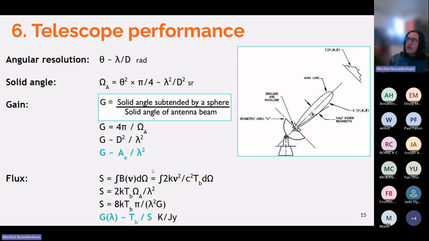So, in other words, the gain is a very important scaling factor between the brightness temperature and the flux. It's basically telling us how efficient the telescope is at turning a flux from the source into a brightness temperature measured by the telescope. And this is why the gain can be used to quantify the sensitivity of the telescope. The higher the gain, the more sensitive the telescope.